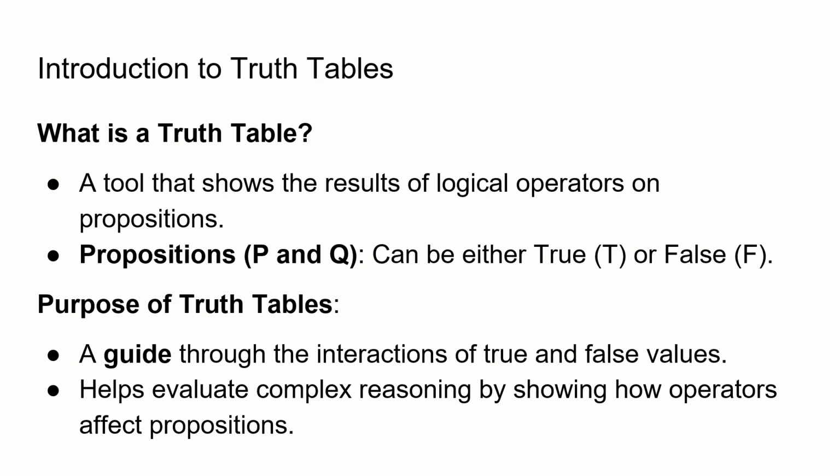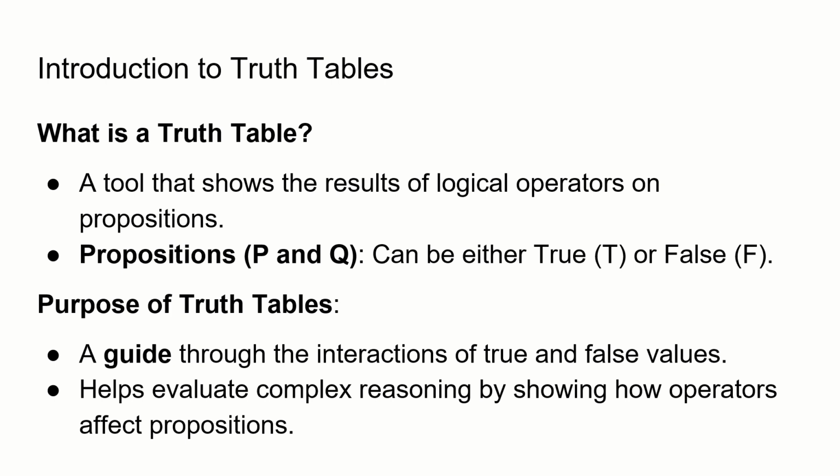Okay, so let's move to another thing called the truth table. What is a truth table? It's a tool that shows the results of logical operators on propositions. It can be either true or false.